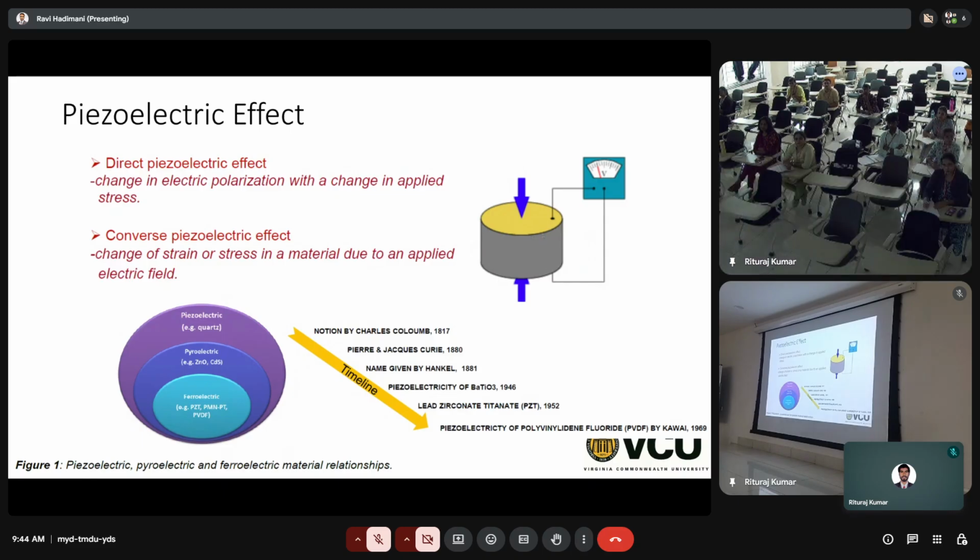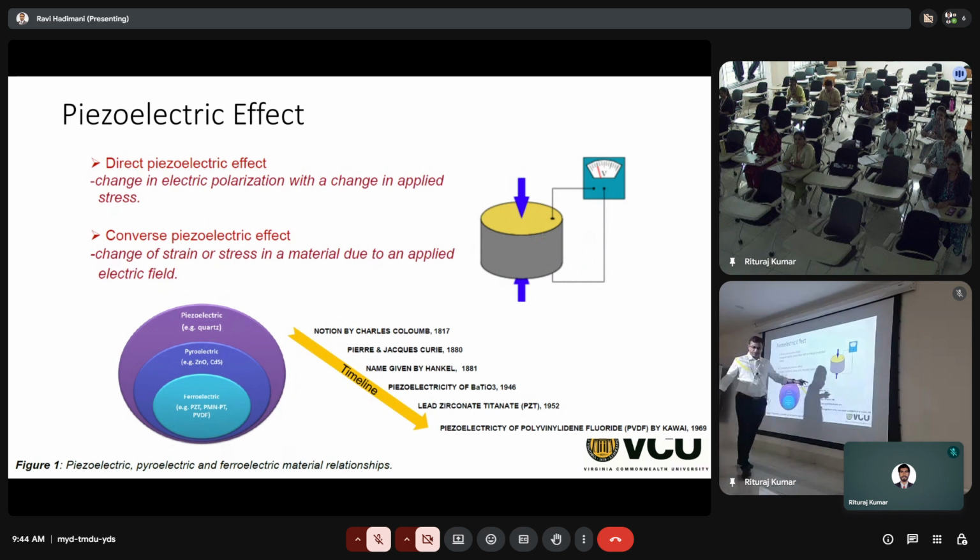This is virgin. You have the same hysteresis graph for ferroelectric materials. Okay, and then there are dielectric materials which are similar to diamagnetic materials.